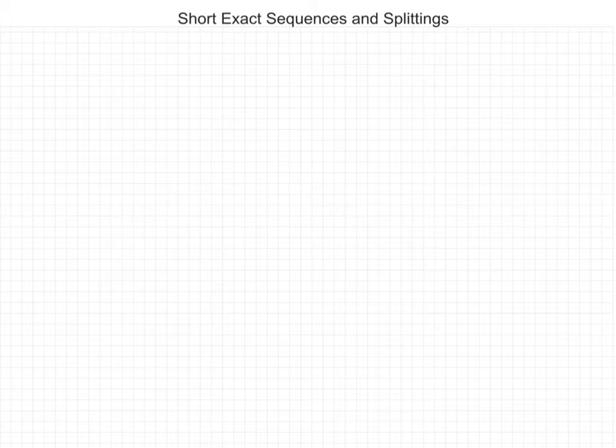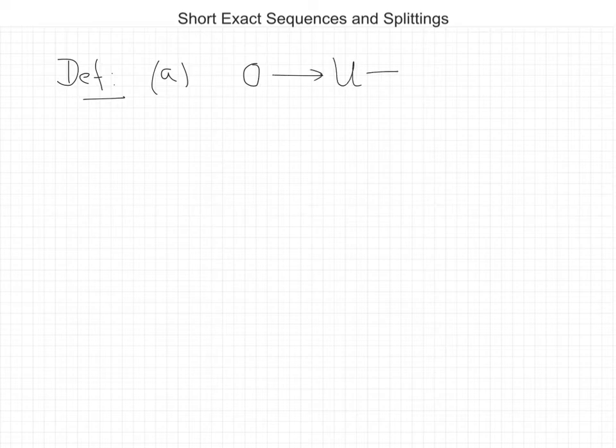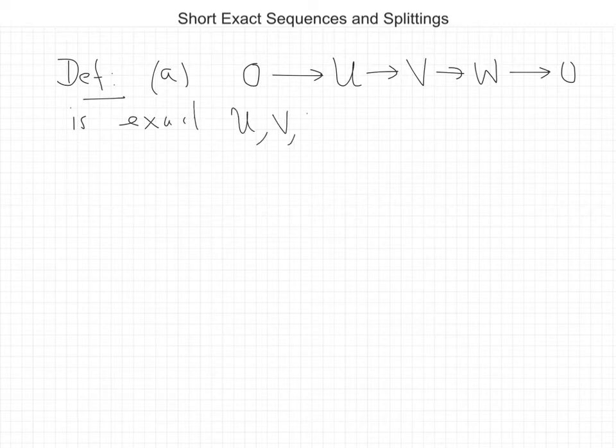So now we will just use this idea of being exact at some vector space, and we will look at the following definition. A situation that comes up a lot, as you will see in the future, is the following. We will say that a sequence which is longer, but it starts with 0, then you have U, V, and W, and then you go back to 0, is exact at all the three possible vector spaces at U, V, and W. Let's call that rho, and let's call that sigma.